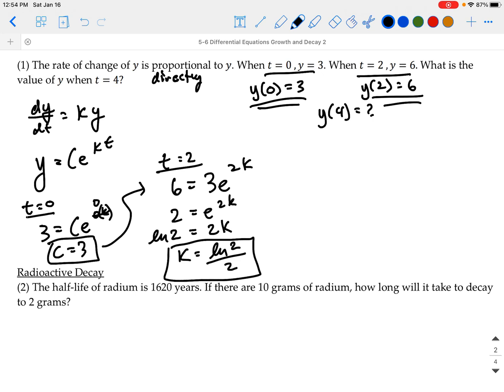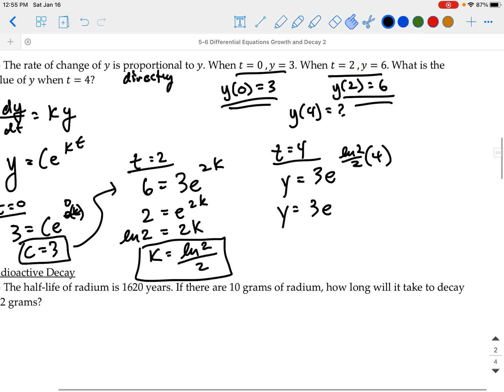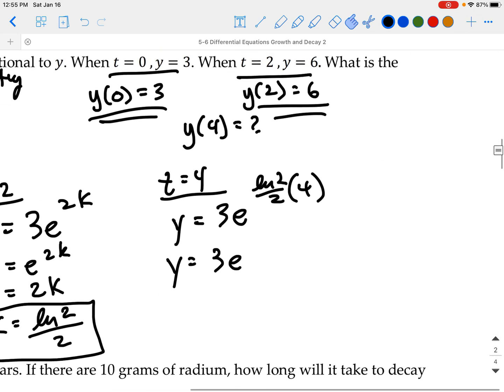And now we've got all the values that we need to find the next value. So if t is 4, then we'll get y is equal to 3e to the natural log of 2 over 2 times 4. So we'll just note this is actually going to work out pretty nicely. So just doing a little bit of work off to the side here.